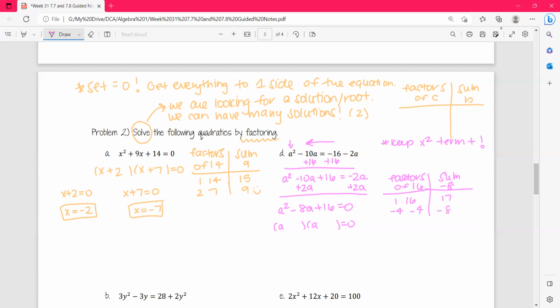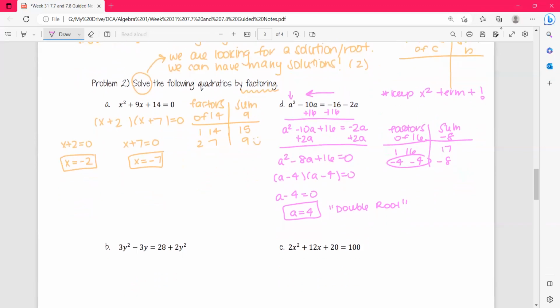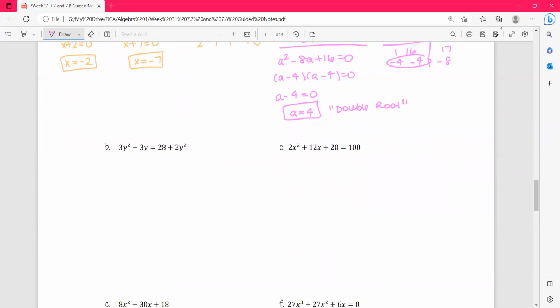And when I add them, I get negative 8. Those are my winning numbers. Negative 4 and negative 4 go right into my binomials. Set them each equal to 0, and I get the same thing because they're both the same binomials, and I've got a equals 4. We call this a double root or solution. It came up twice.